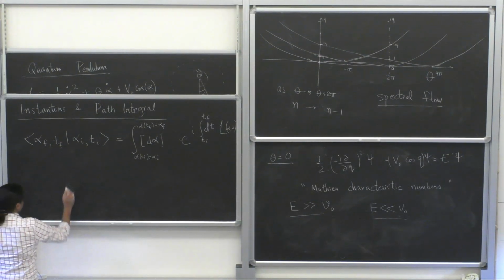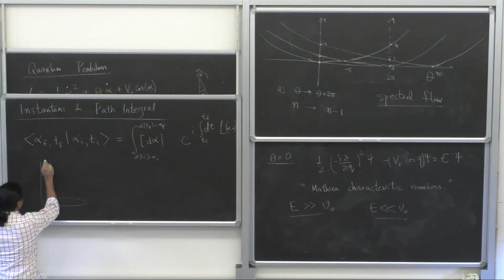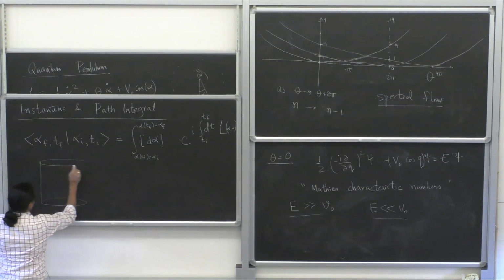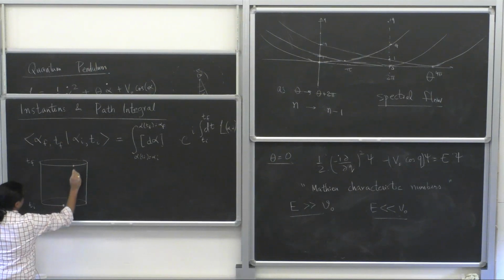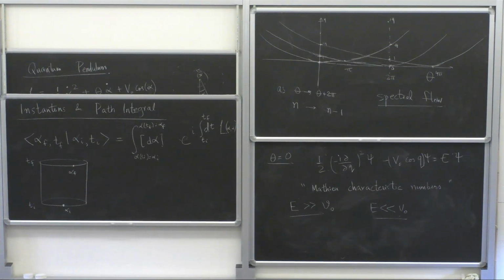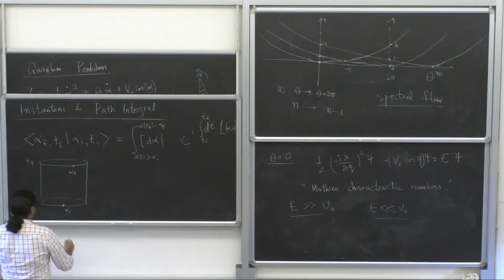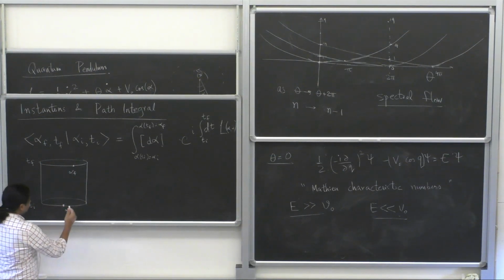Pictorially, let's draw how it looks. We can draw the circle at time t_i and the circle at time t_f. Let's say this is some point alpha_i, and this is some point alpha_f on the circle. When we're doing the path integral, we're actually doing all paths on the cylinder, with the time direction and the circle in the quantum mechanical direction.